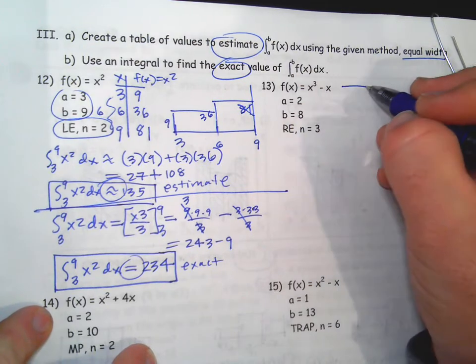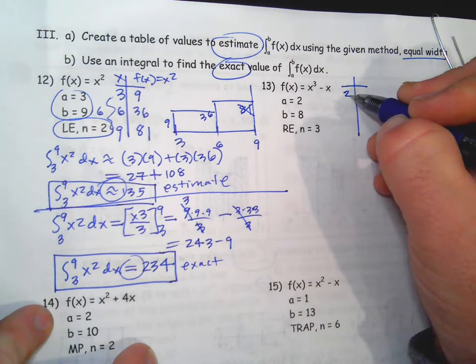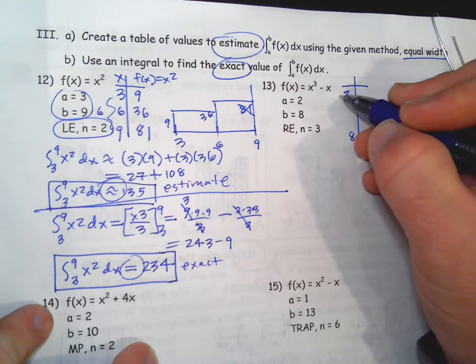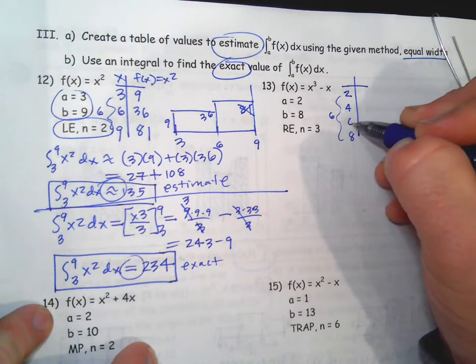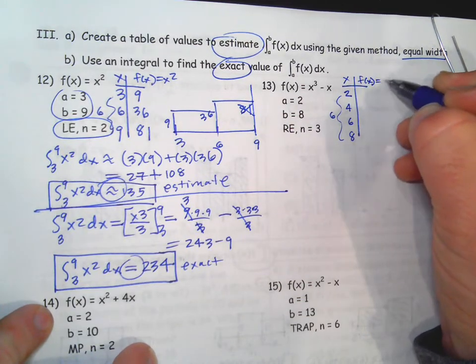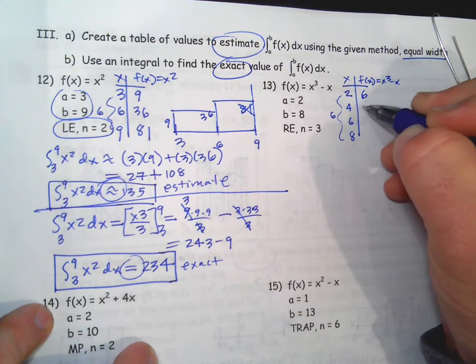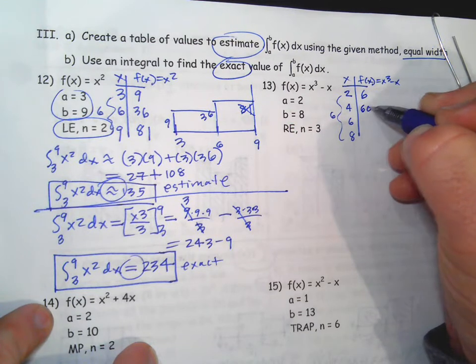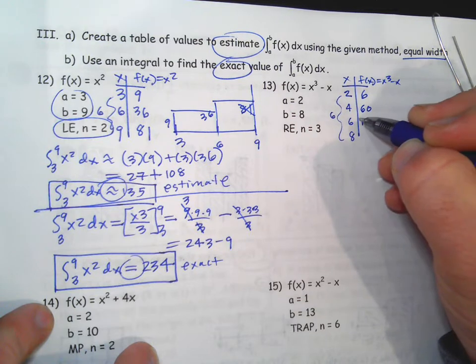Make a table, 3 subintervals starting at 2, going to 8. The distance is 6 divided by 3 is 2, so it's going to be 2, 4, 6, 8. So we plug 2 in here, 8 minus 2 is 6. 64 minus 4 is 60. 216 minus 6 is 210.